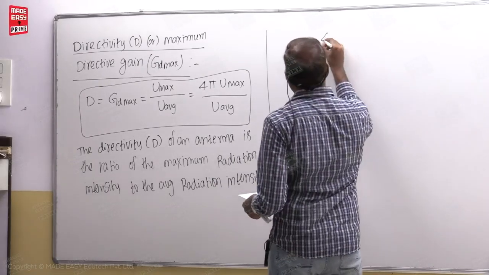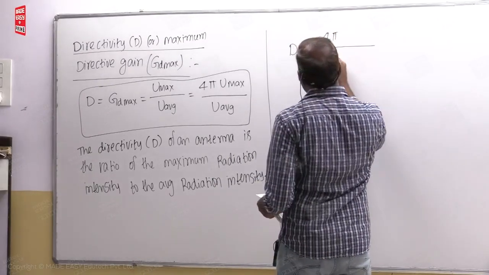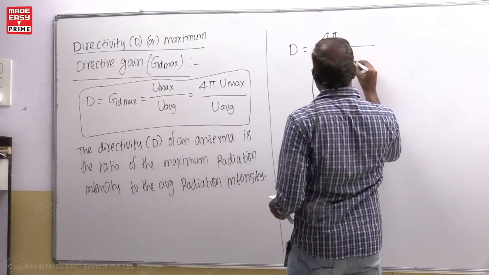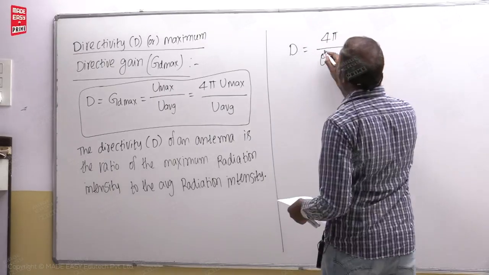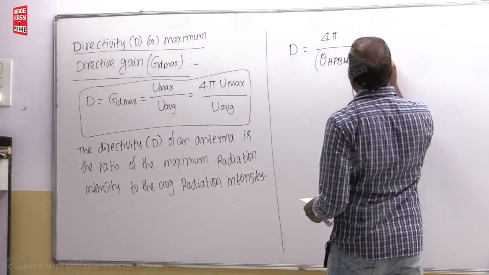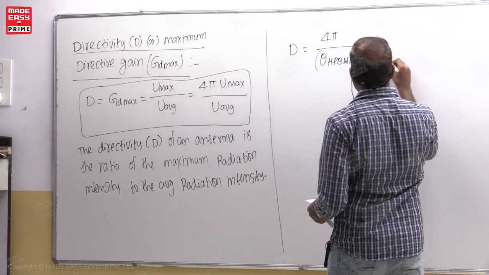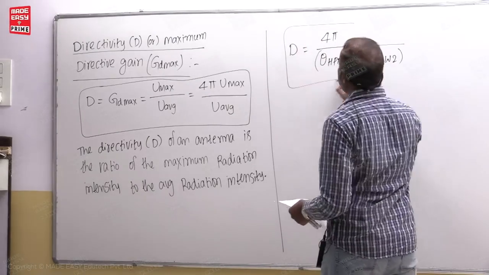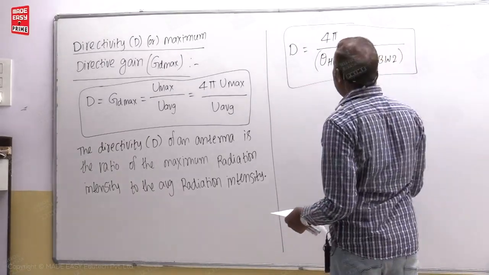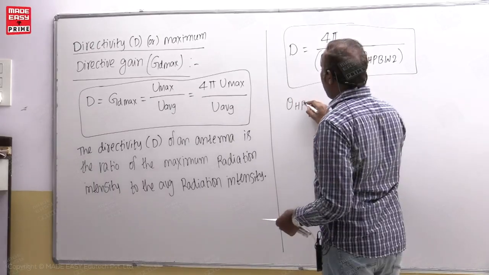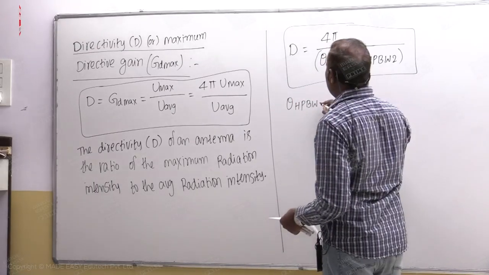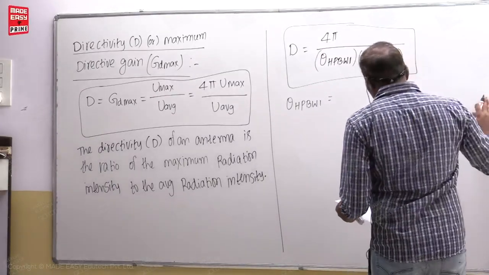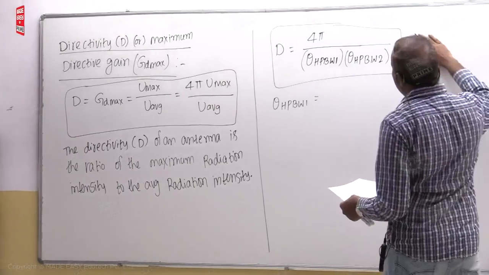Another formula is there: 4 pi divided by half power beam width in plane 1 multiplied with half power beam width in plane 2. So this is another formula. Actually this is also called the beam solid angle, student.